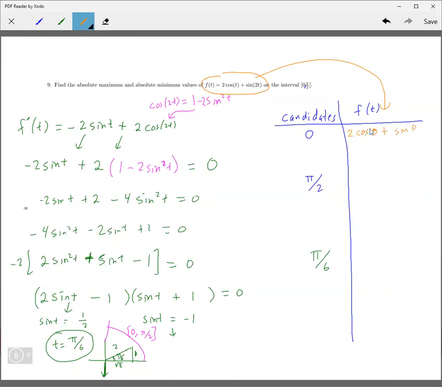So this is 1, and that's 0, so that's 2. If we put a pi over 2 in, we get 2 cosine of pi over 2 plus sine of pi. That's 0, cosine of pi over 2 is also 0. So this is going to be 0.